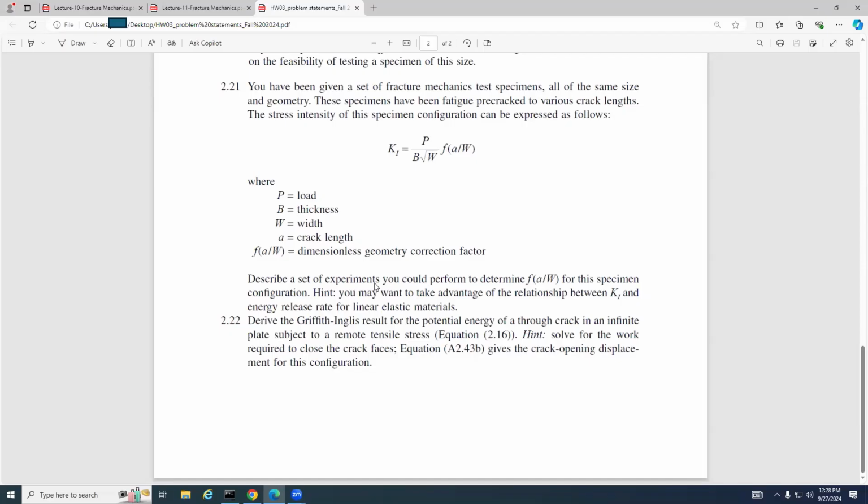Sigma multiplied by b multiplied by dx is a force. Force multiplied by displacement, and then 1/2. That is the work.